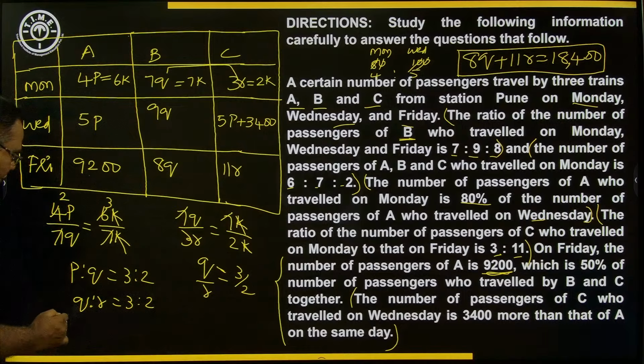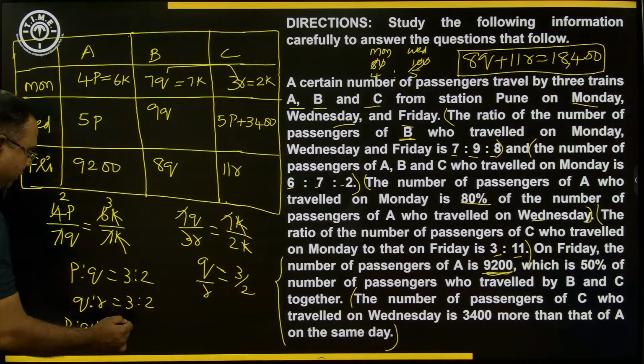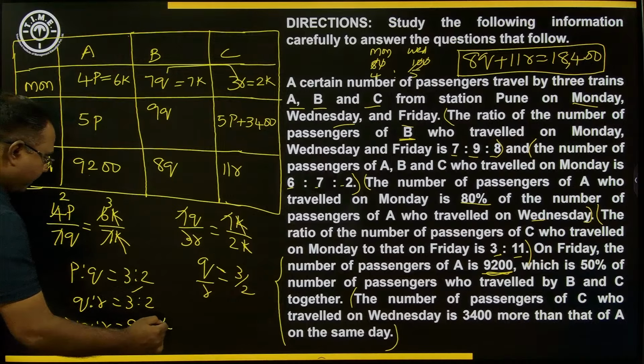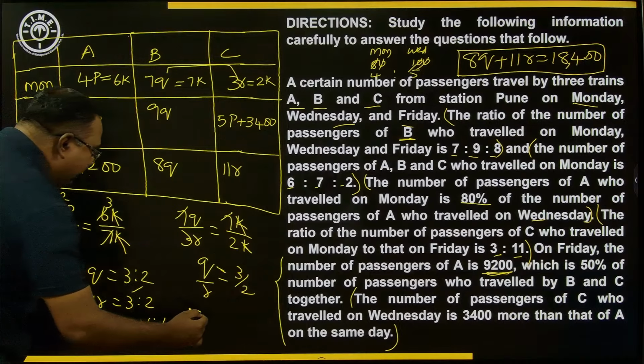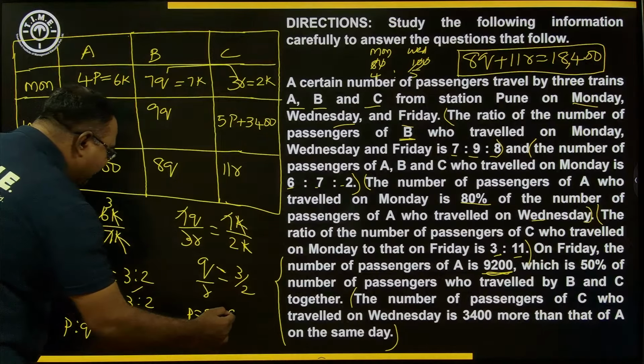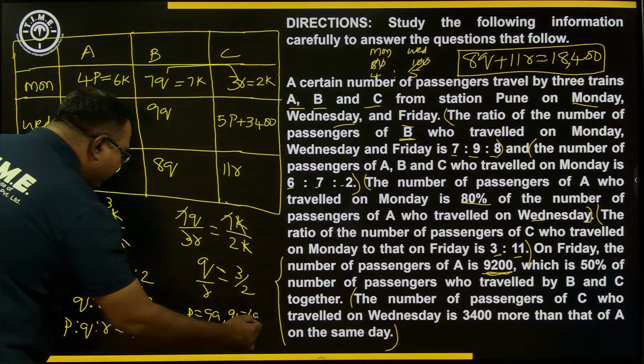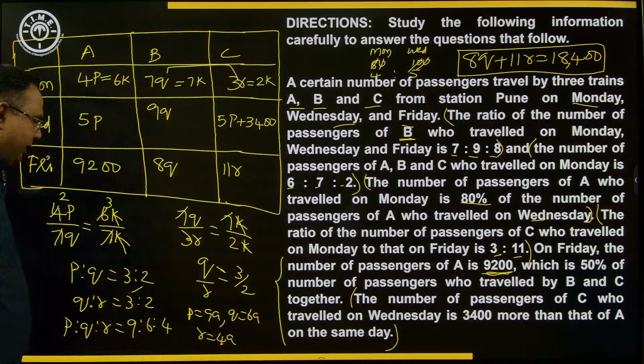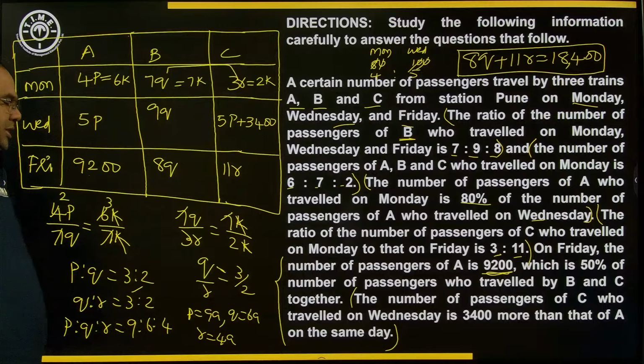You know P is to Q, you know Q is to R. So obviously we can find out P is to Q is to R. So 9 is to, obviously this is 6:4. So P is equal to 9A, Q is equal to 6A, and R is equal to 4A. It is ratio, so I'm taking it as 9 into some constant, 6 into some constant, 4 into some constant.